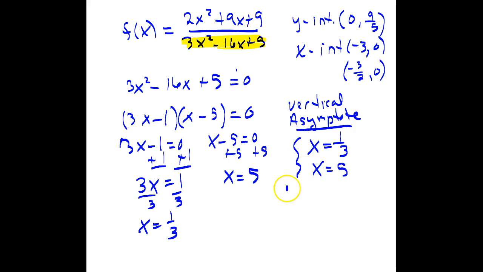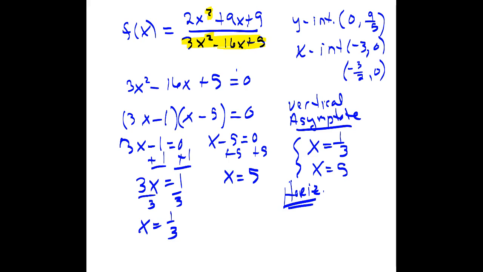And then last but not least, we're asked to find the horizontal asymptotes. Now there are rules to finding the horizontal, and you look at the degrees between the numerator and the denominator. So if we look at the numerator, the highest degree here is a 2, and the highest degree in the denominator is a 2. So they're equal.